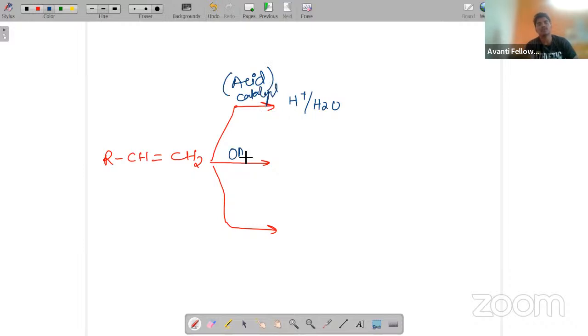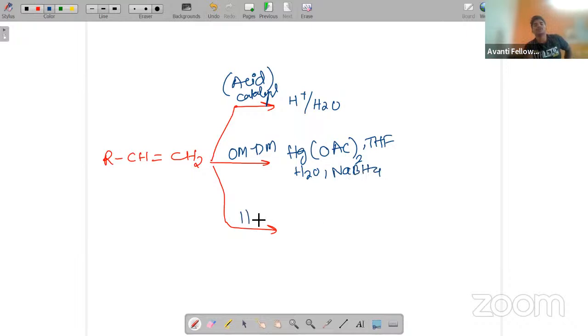Next is OMDM, oxymercuration demercuration: Hg(OAc)2 in THF and H2O, followed by NaBH4. Next is HBO, hydroboration oxidation: B2H6 in the presence of H2O2 and tetrahydrofuran.